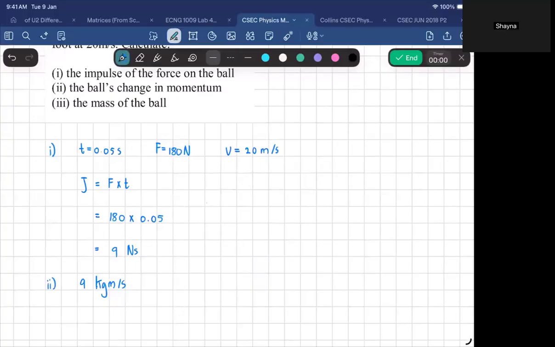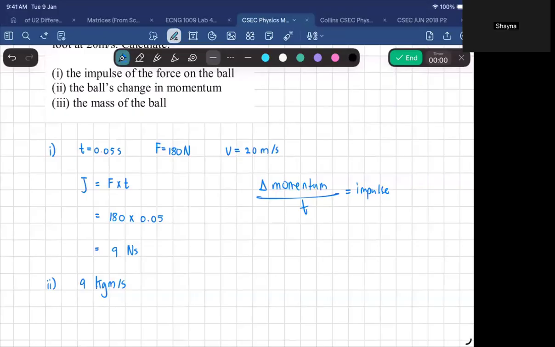But I'm trying to prove something here. I'm trying to show you how we get Newton seconds. Let me see if I can figure it out. The change in momentum over time is equal to impulse.